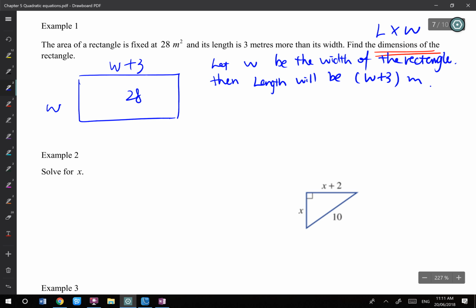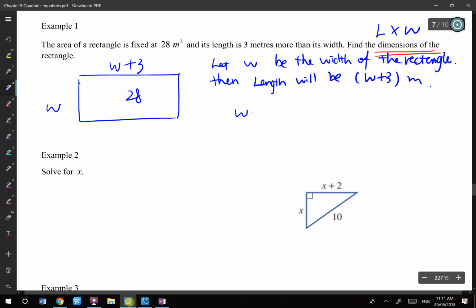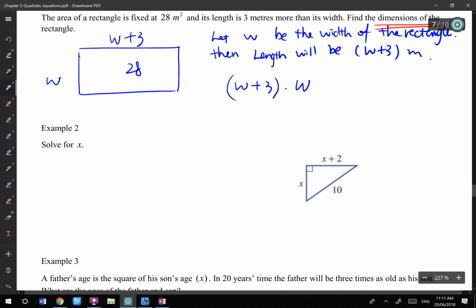Then length will be W plus 3 meters. So W plus 3 times W, that gives you 28.